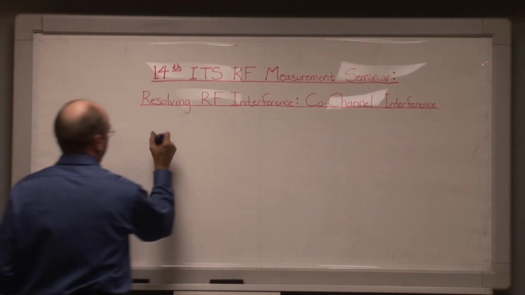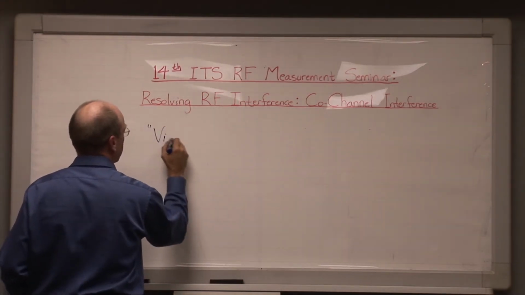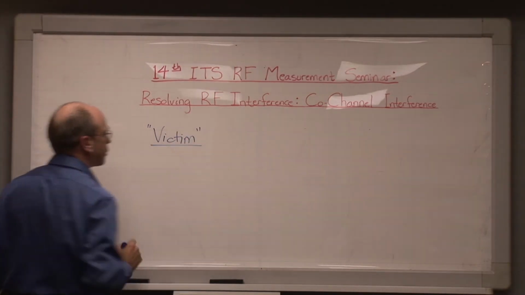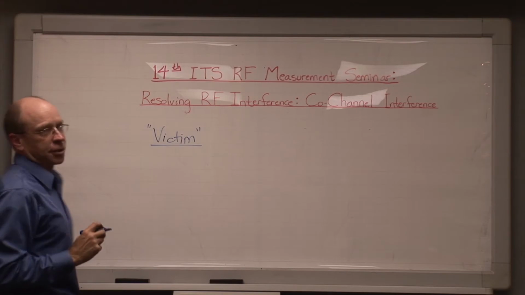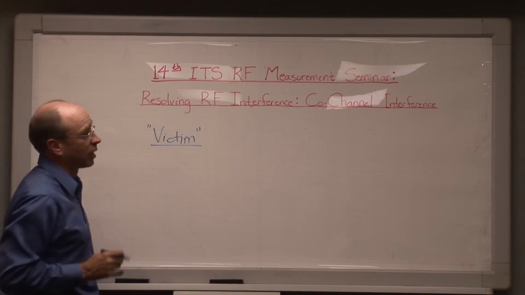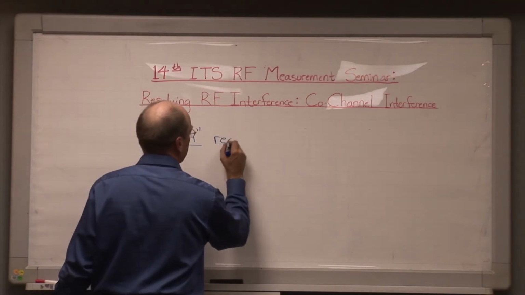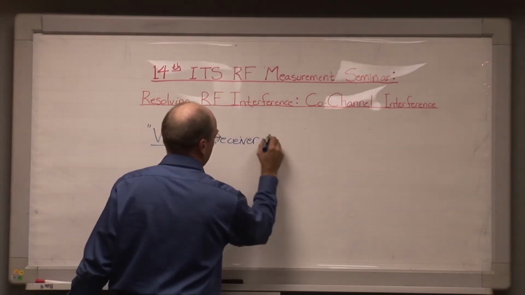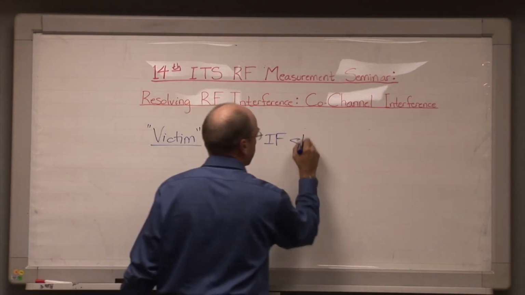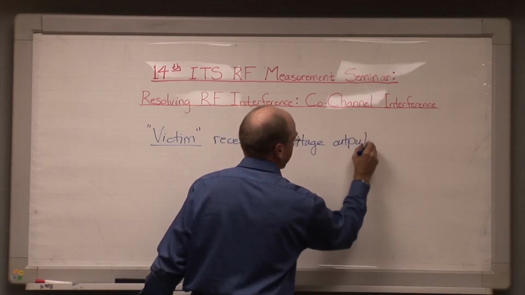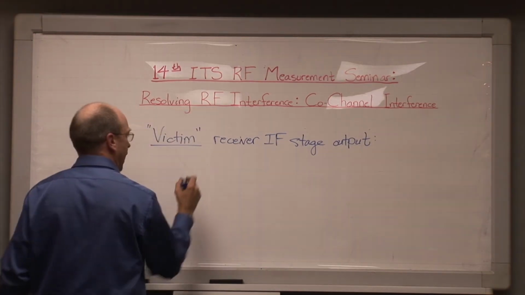Looking at the victim, and I use the term victim in quotes, we're not trying to make a moral judgment here. It's just terminology, because, as I said, sometimes the problem is actually in the receiver design itself. But we will look at the victim receiver IF stage output.